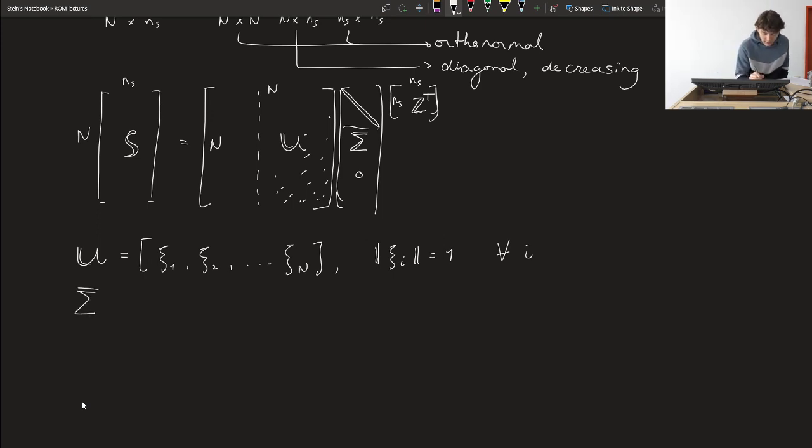Then our sigma, we're going to write that as the diagonal matrix of sigma 1, sigma 2, running until sigma Ns.